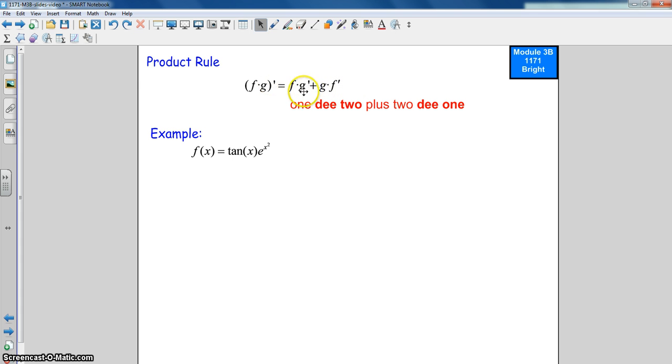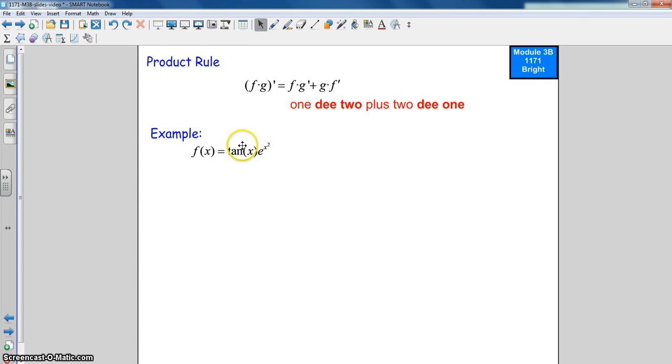The mnemonic that I learned when I first learned the product rule was 1d2, so the first one times the derivative of the second plus the second times the derivative of the first, so plus 2d1. Okay, and it stuck with me. If it helps you, great. If you're a formula person and just need to remember the formula, write it down, great.